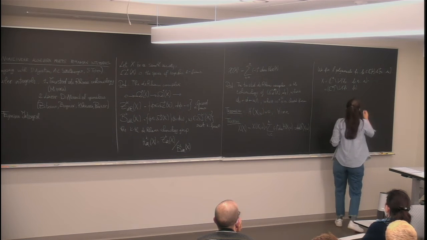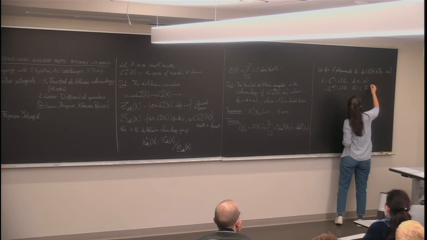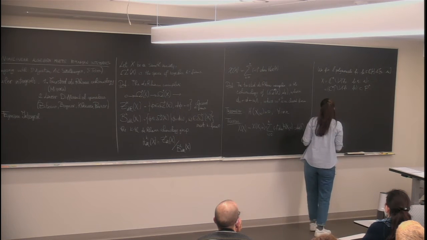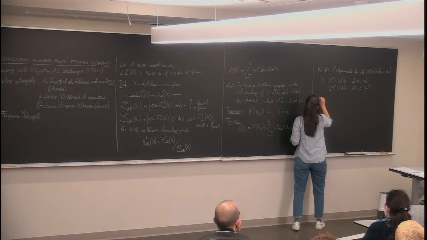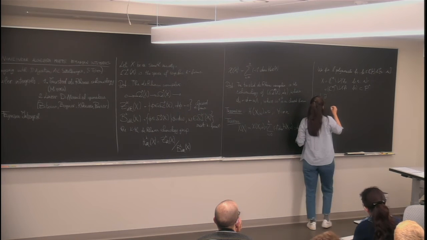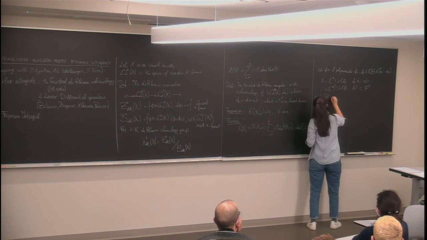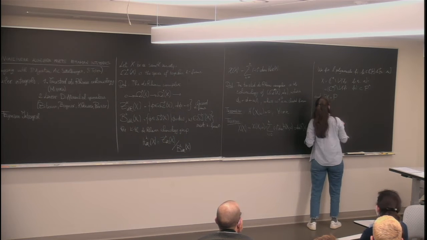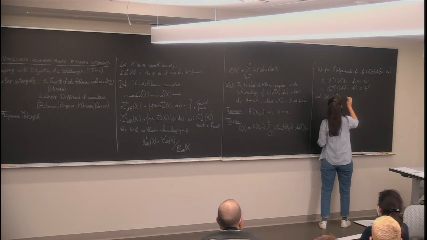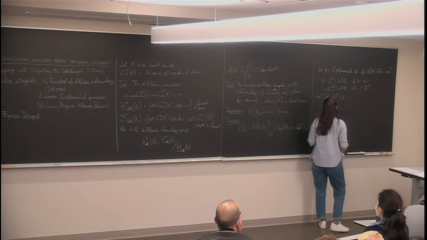And this is contained in the n-dimensional projective space, and we denote the border of X to be just the complement of X in P^n.